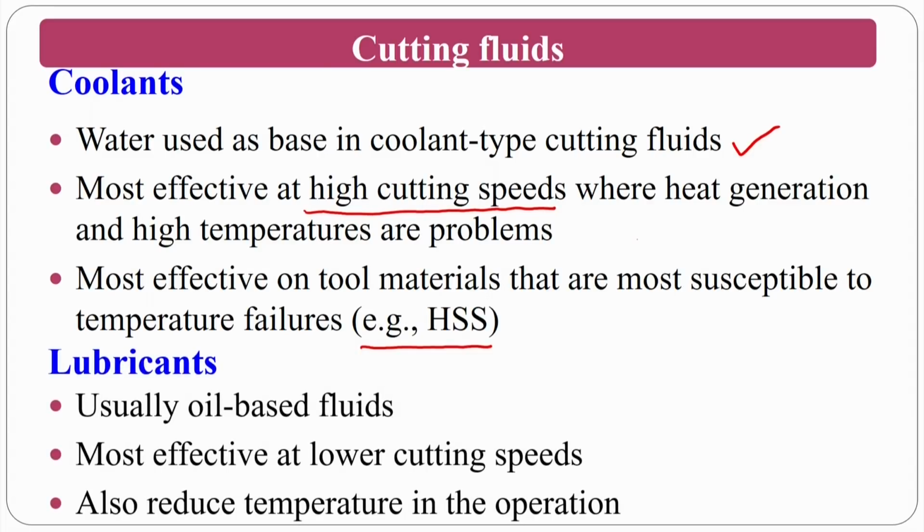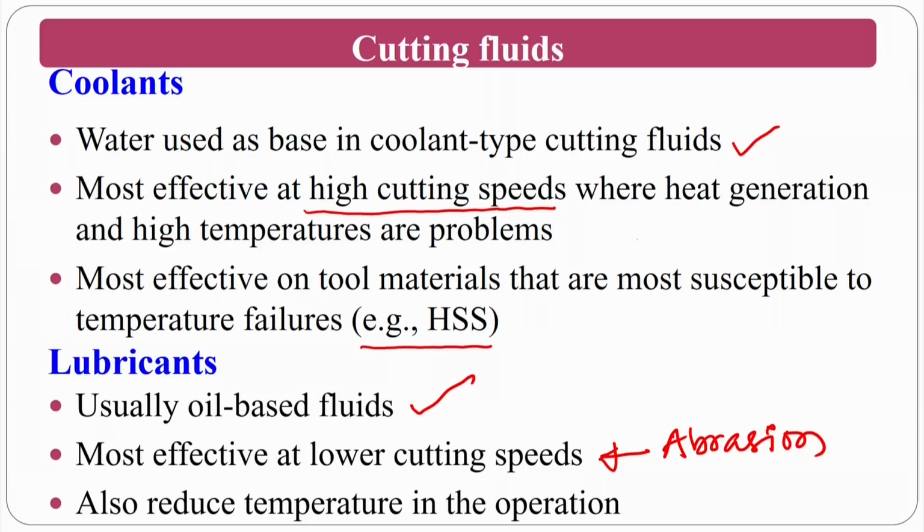Okay. So lubrication dominating cutting fluids usually are oil based fluids. What I mean to say is that coolant based fluids are dominated by cooling properties and lubricant based fluids are dominated by lubricating, that means friction reducing agents. Most effective are the lower cutting speeds.